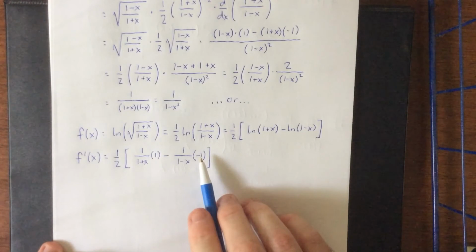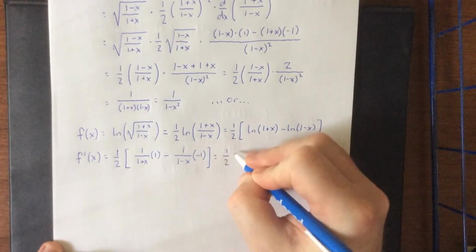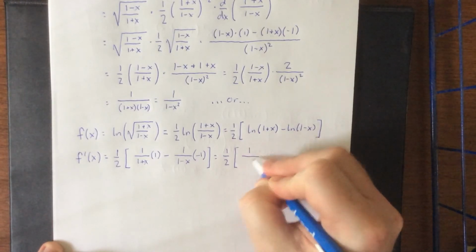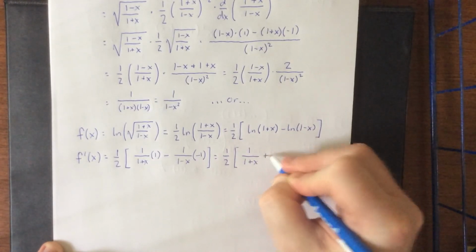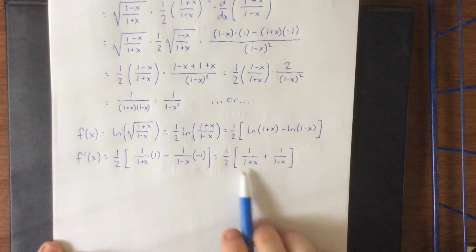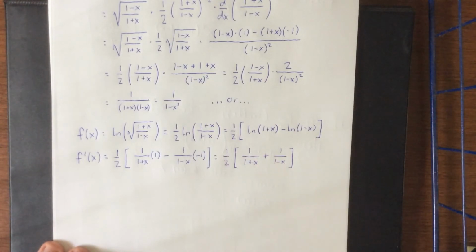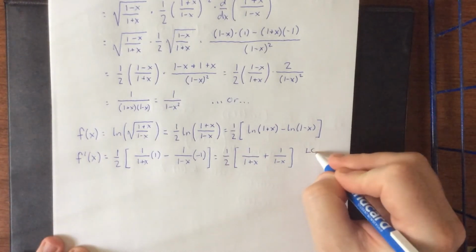We can go ahead and use that negative 1 that we just got to change this minus sign into a plus sign. So 1 over 1 plus x plus 1 over 1 minus x. Now you might say to yourself, that's not quite the same thing as what we got the other way, but I guarantee you that they are algebraically equivalent, and we'll show it.